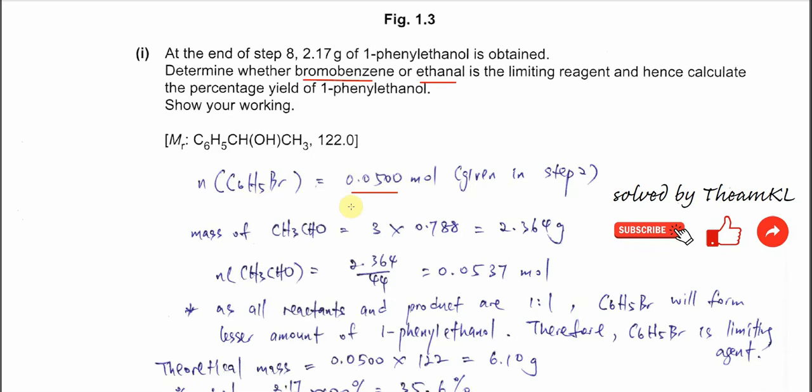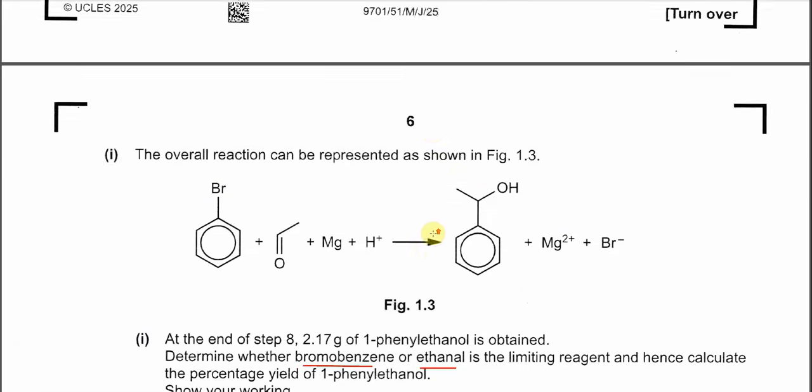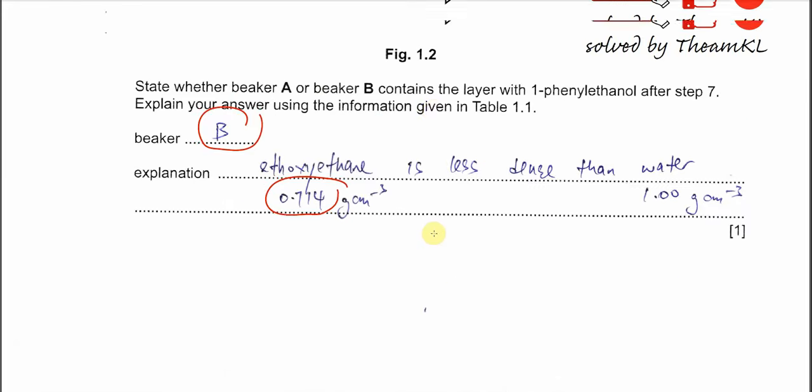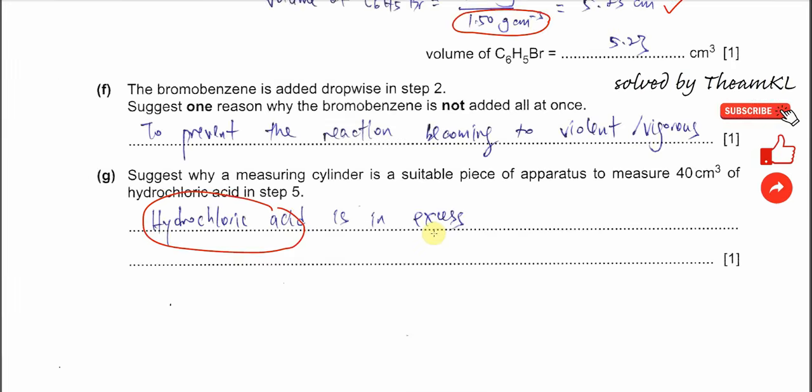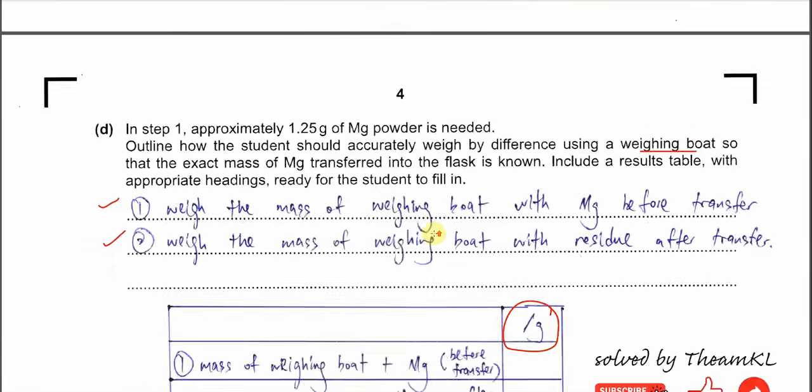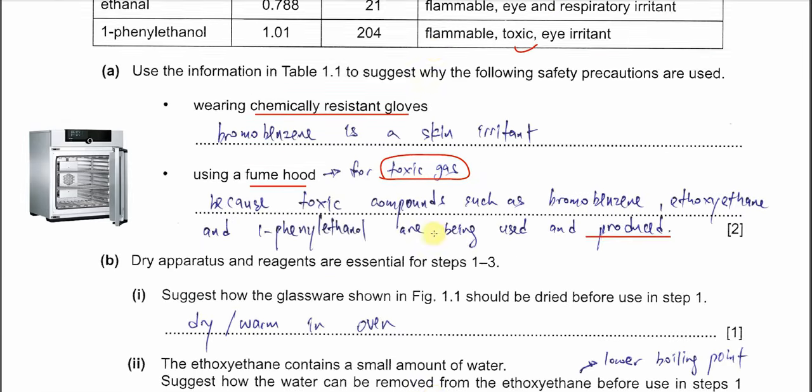Now we need to get the mole of the ethanol. The ethanol used in the reaction is 3 cm cube, and for the 3 cm cube, we need to use the density. Let's check from the table. You can get all this information from the table just now.